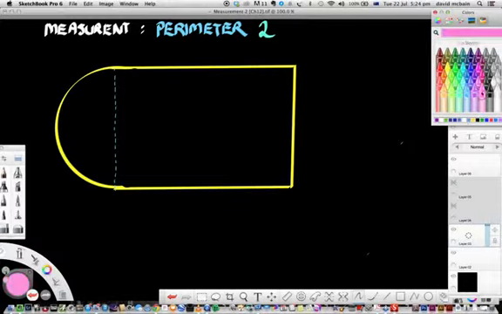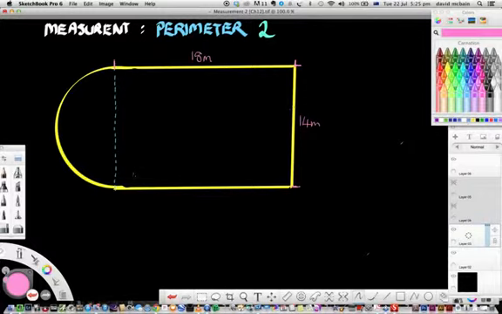So if I told you, for example, that maybe this section from here to here, let's say that that's 18 meters. And let's say that from here to here is 14 meters. How could we work out the perimeter of this shape?